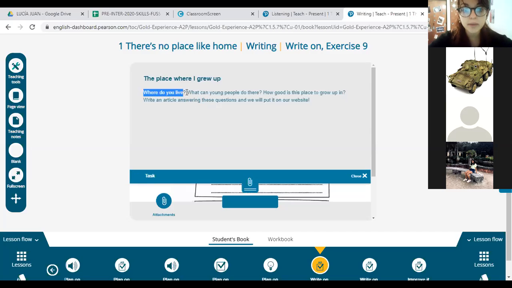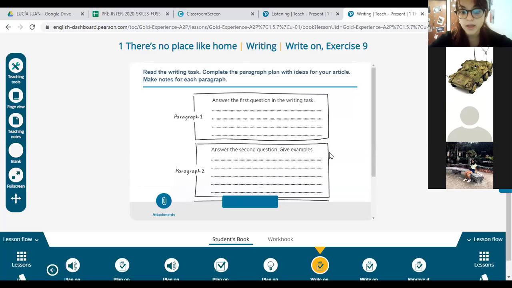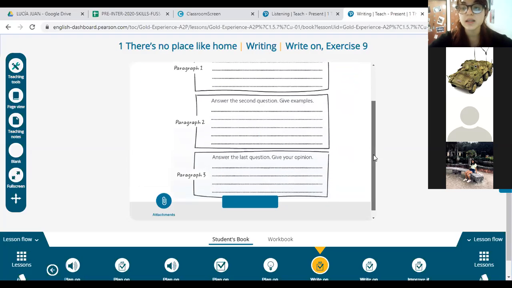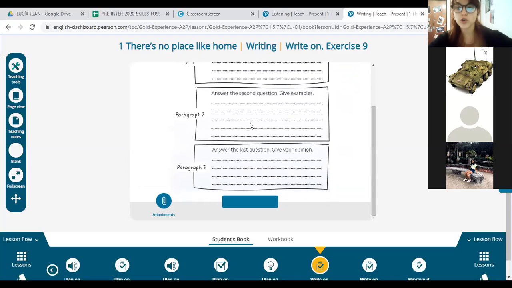In the second paragraph, you're going to talk about what young people can do here. So you need to give examples. Young people in Córdoba can go and enjoy a nice afternoon in the park drinking mate.